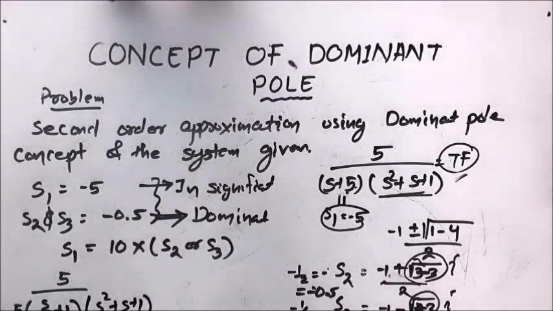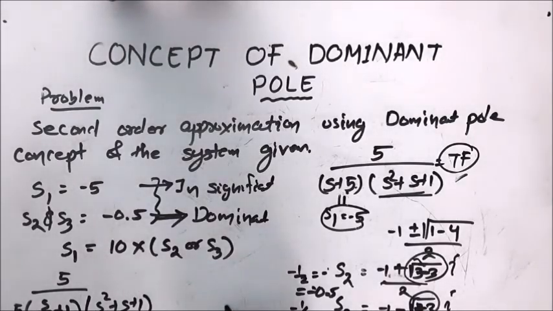Now what you need to do? We need to remove this thing. Make S equal to 0, or j omega equal to 0, or make the frequency of this term 0. Clear? Why the frequency of this term 0?